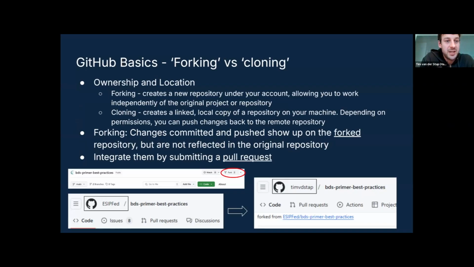The concepts of forking and cloning obviously remain the same. What I wanted to show here is that in the diagram, you can see that we have the BDS primary best practices that have been forked 3 times. I'm one of those people that have forked this repository. In the bottom left, you see a diagram where ESIP is the owner of the primary best practices.